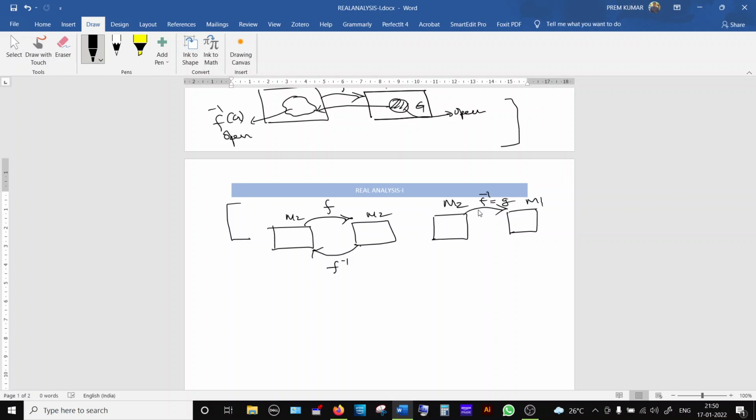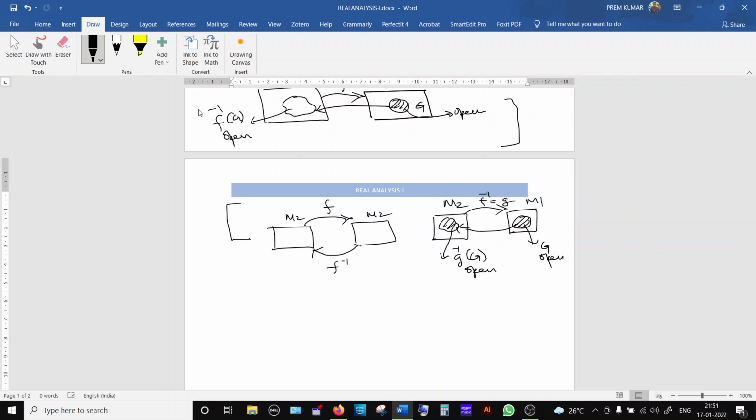Now f inverse is continuous, as we have assumed. So by this theorem, if we take any open set G in M1, the inverse image, g inverse of G, is also open.